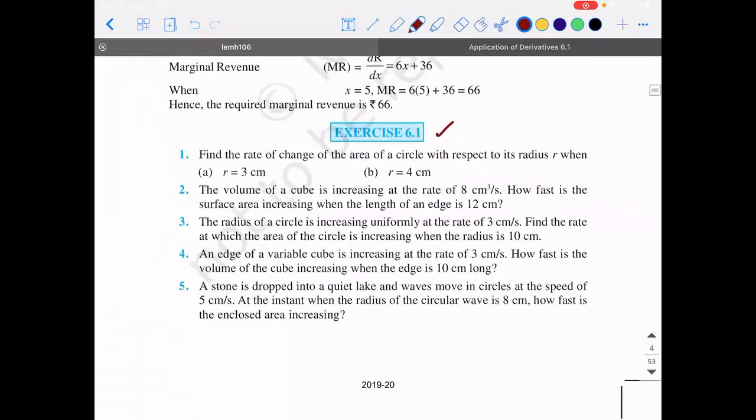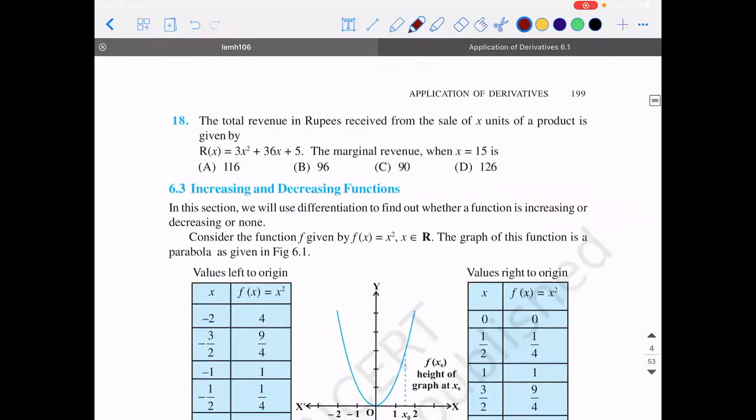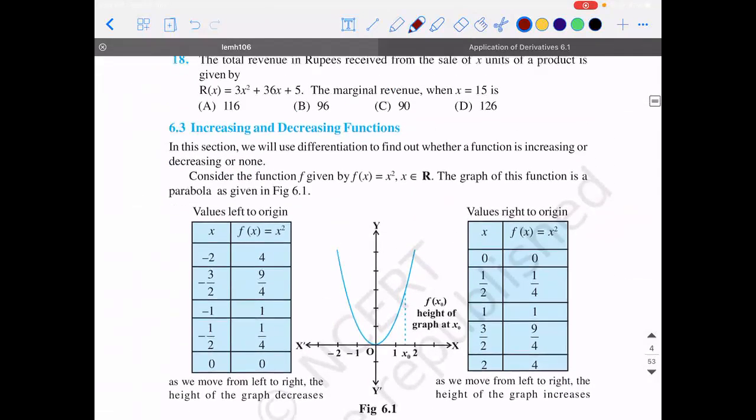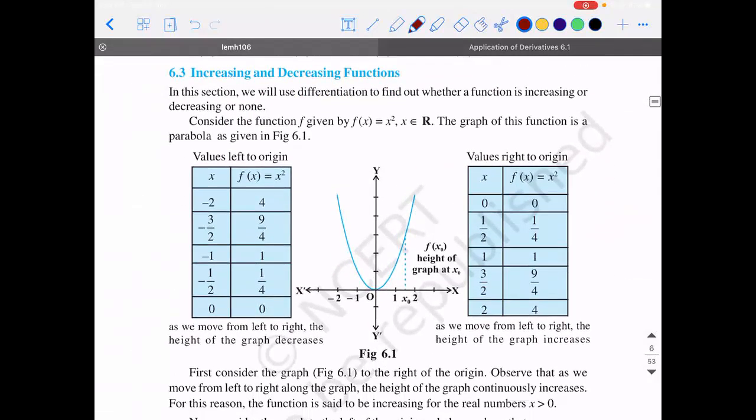Okay. The next exercise that we're going to speak about is increasing and decreasing functions. It's an interesting topic. If you guys would have observed clearly, I would have used this term increasing and decreasing function many times. Where did I use it?